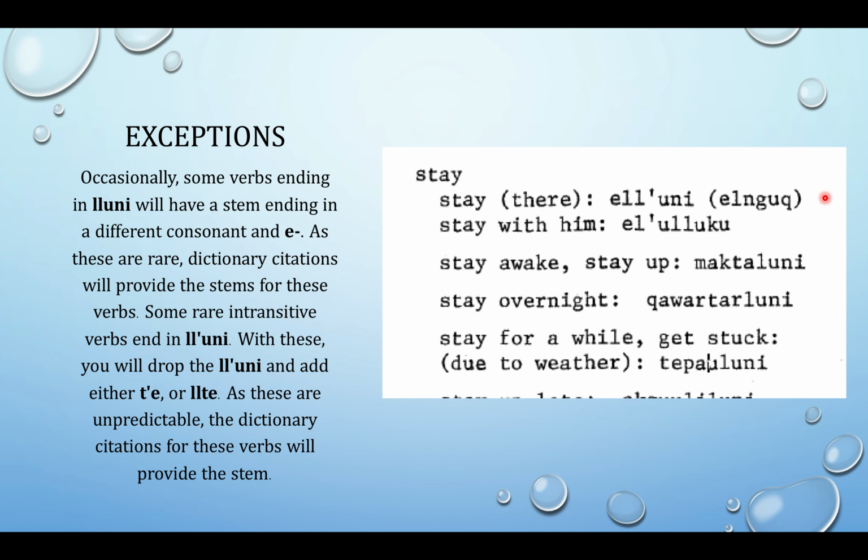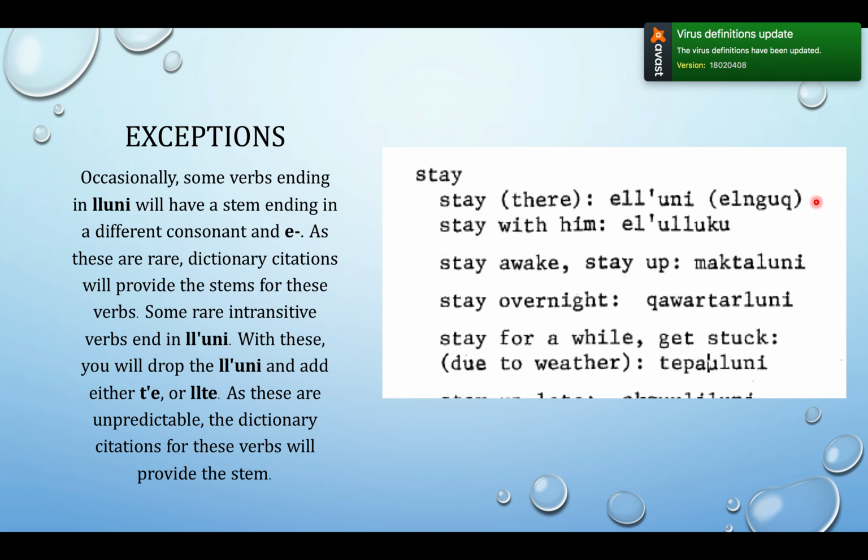That's how you would use that in a sentence, and so they're kind of giving you a hint as to what the root word would be by giving you an example. There's also a rare intransitive ending where verbs end in apostrophe uni.